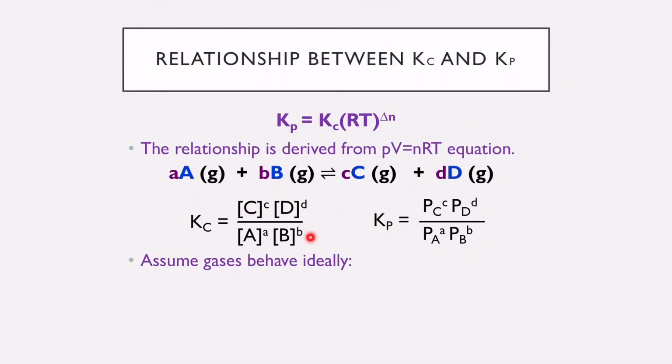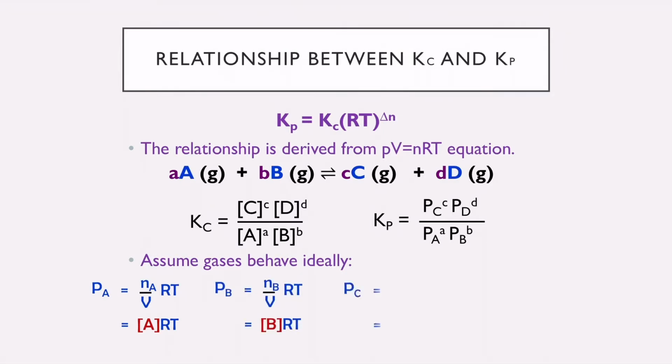How can we derive Kc in here, in this equation? We will have to first find the partial pressure of each of the gases. Okay, so you find the partial pressure using PV equals nRT, and then you will get a relationship between partial pressure and concentration. So you get this, alright?